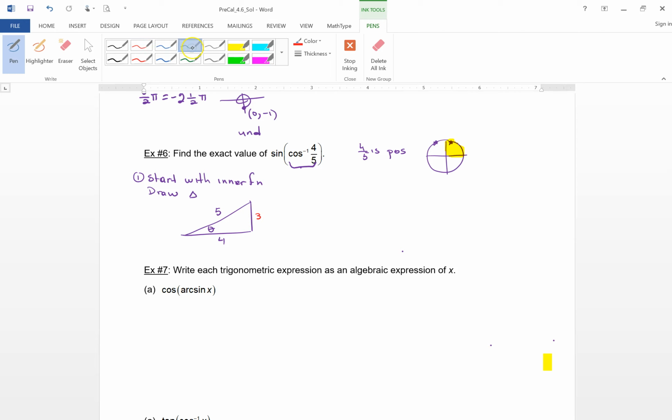Now, second step is work with the outside function. Now you want sine of theta. Well, what's sine of theta here? 3 over 5. That's it. Okay? And because I'm in quadrant 1, sine of theta must be positive.